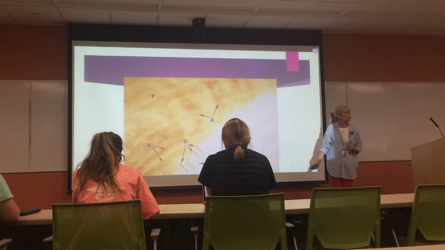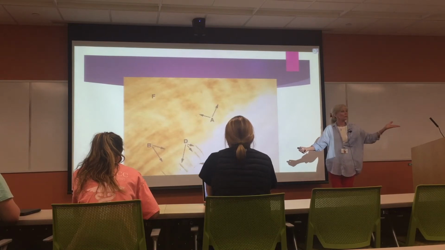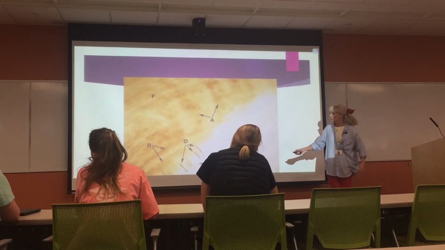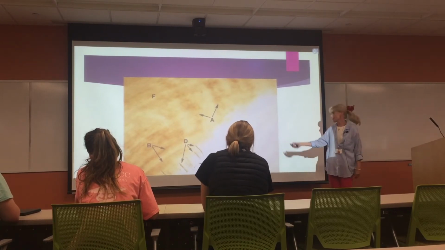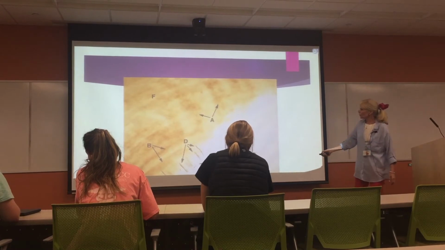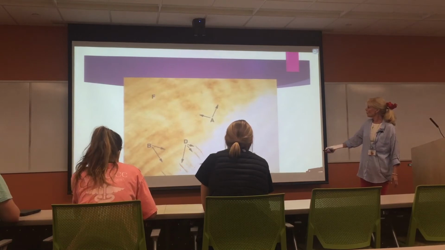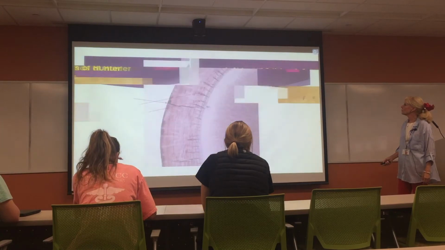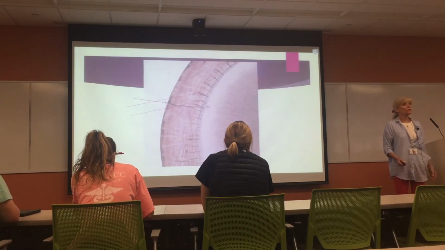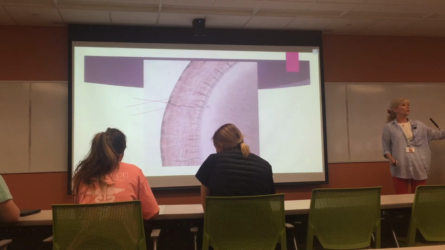It's all about terminology. Hunter-Schreger bands, remember that one? And then these lines, the growth lines, are what? And these little things, probably spindles. So do you understand those bands of striae versus Hunter-Schreger? Everybody got that?